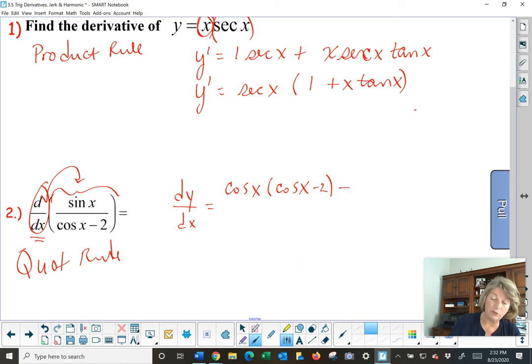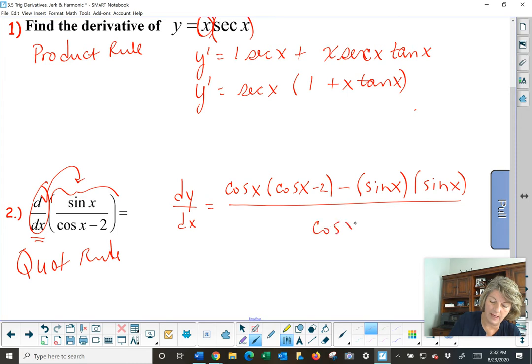And then it's a subtraction. Now I take the derivative of the bottom, which happens to be a negative sine x, multiplied by the top, which is sine x, divided by the bottom squared, cosine of x minus 2 quantity squared.